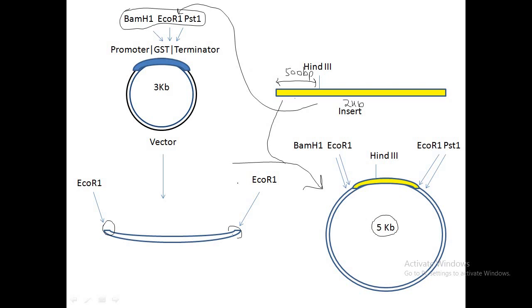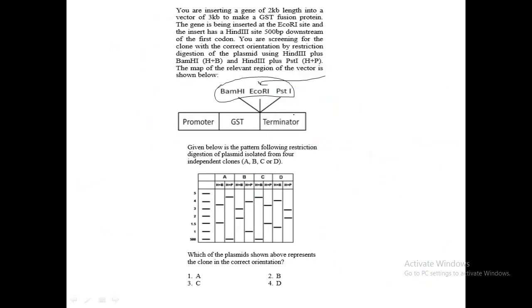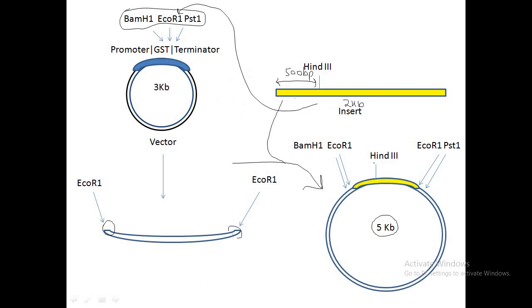Let us look at this pattern, HindIII and BamH1. As I have said, this HindIII is located 500 base pair downstream, and just before this there was the EcoR1 sequence, and just beside this EcoR1 is the BamH1.